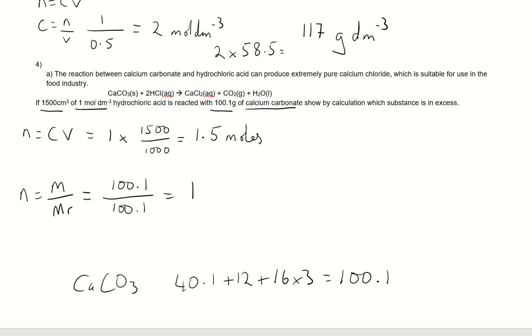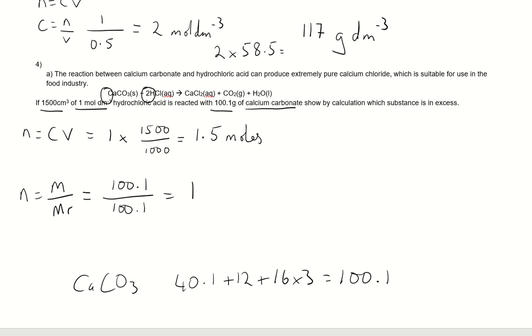Now, don't straight away just compare these. What we need to do is look at the ratio first. So for every 1 calcium carbonate, it will neutralize 2 hydrochloric acids. So if I've got 1 mole of this, that means it can take out 2 HCl's.